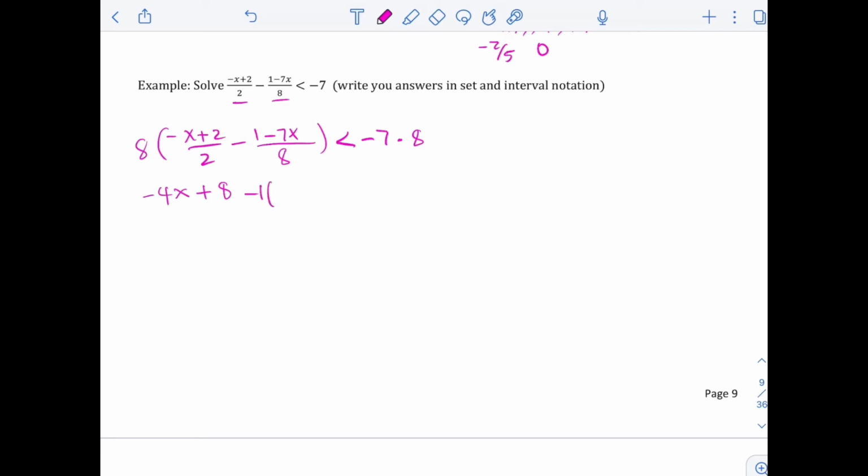Minus 1 times 1 minus 7x, less than -7 times 8. -7 times 8 is -56.